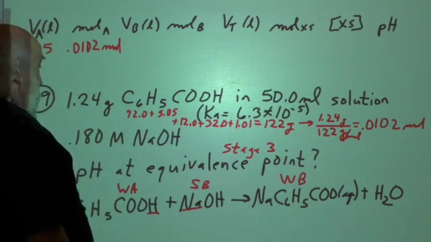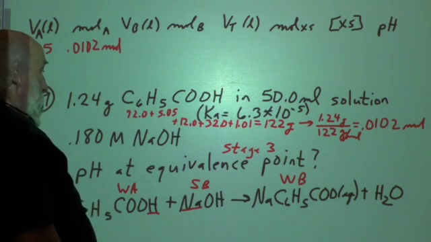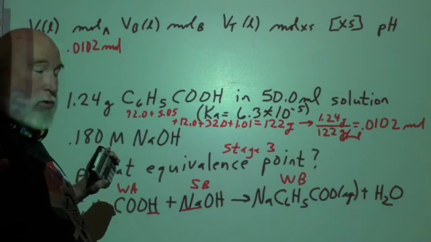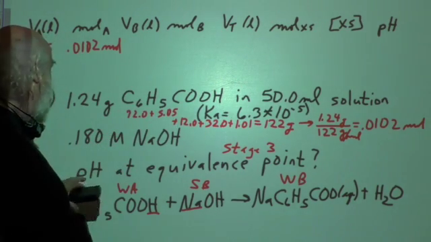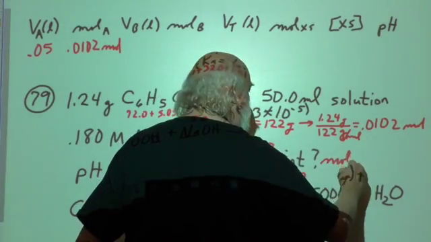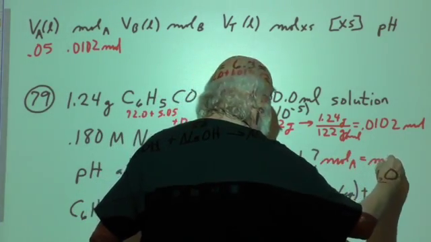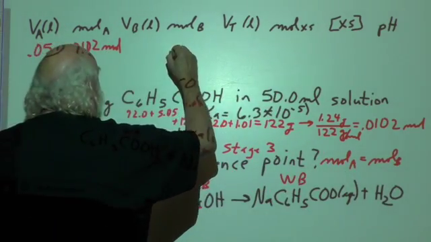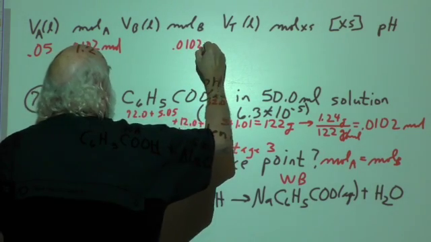Now, we don't know the volume and we don't know the number of moles of the base, but wait a minute, we do know the moles of the base because this is at the equivalence point where the moles of acid equals the moles of base. So if this is 0.0102, then this is 0.0102 moles.